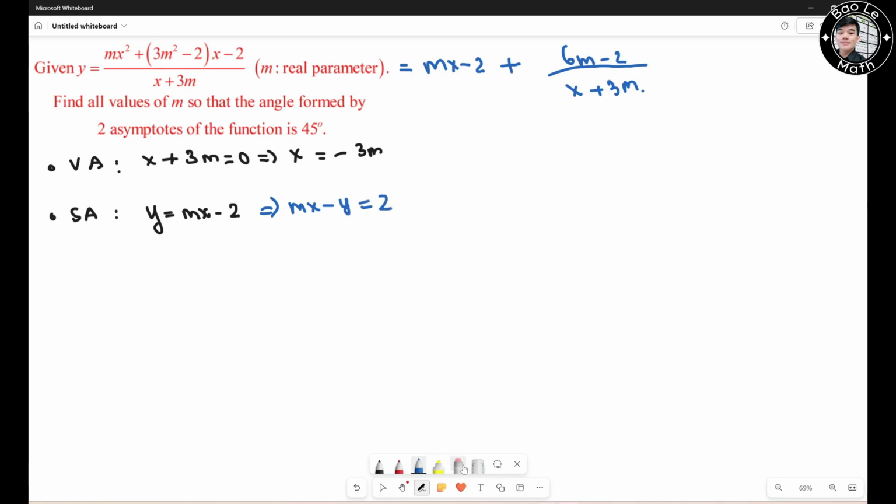Alright, now for the first equation right here, I need to leave this one in standard form. So I need to rewrite this one as x plus 0y equal to negative 3m. The reason why I put this in standard form is because I need to find the normal vector of this line.